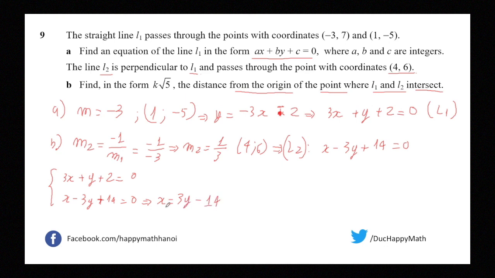And I substitute this value of x into the L1 equation. This means 3 times 3y minus 14, plus y plus 2, equal to 0.